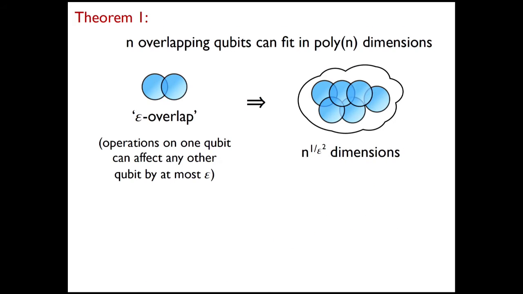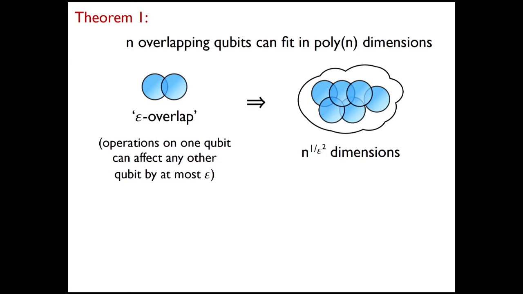So formally, our first result is that basically the quantum system can cheat rather dramatically. In particular, n qubits can be packed into polynomial in n dimensions, provided that they can have slight overlap. That means even before considering issues like noise, a system with n qubits can inherently lack any potential for exponential power.